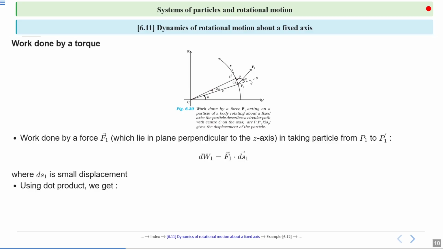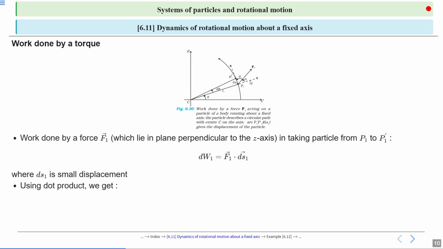So F1 dot ds1, where ds1 is the small displacement. All right, I think you can relate this, we already discussed in previous lectures in work energy power. Work done is equal to force into displacement. Yes or no?